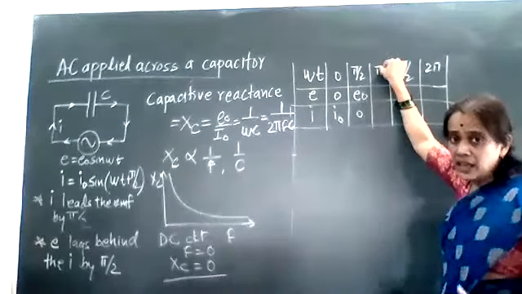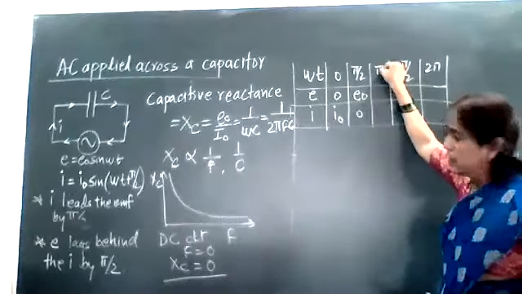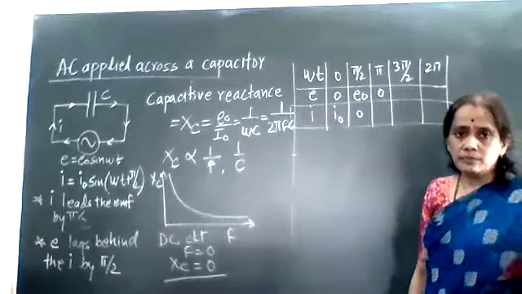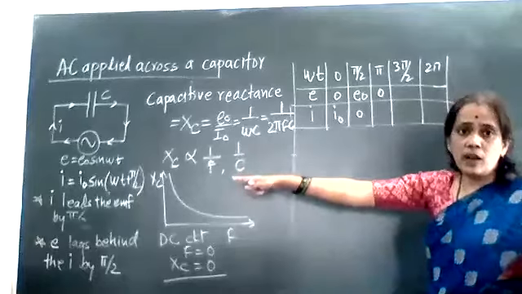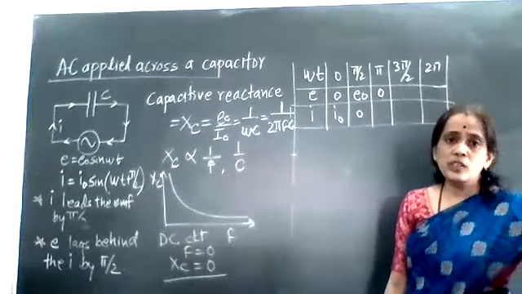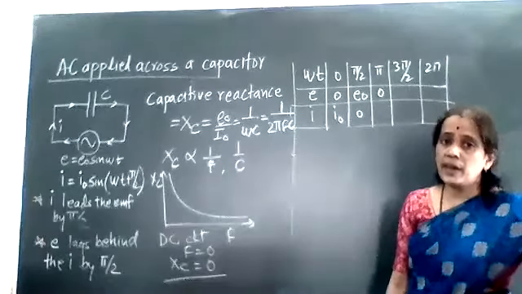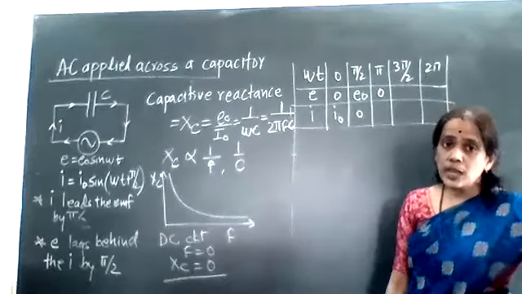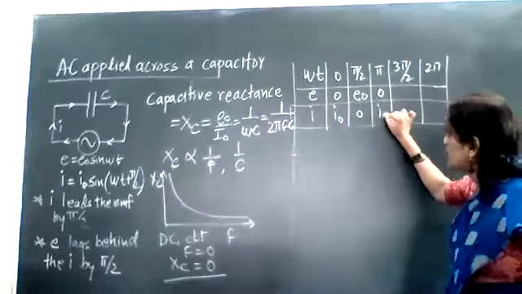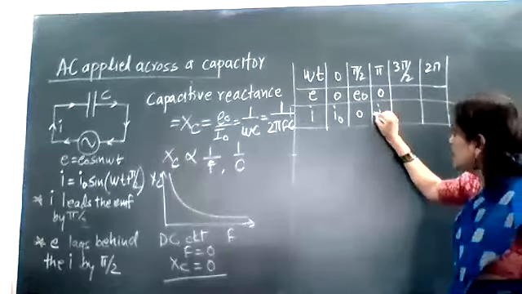In EMF, E is equal to E0 sin pi, so sin pi means your EMF will be 0. And in the current equation, what will it be? Pi plus pi by 2, which gives sin 3 pi by 2. So sin 3 pi by 2 is equal to minus 1. So here your current becomes minus I0.